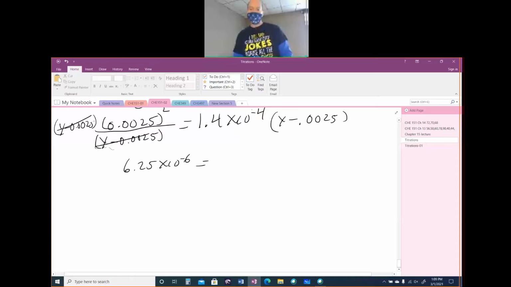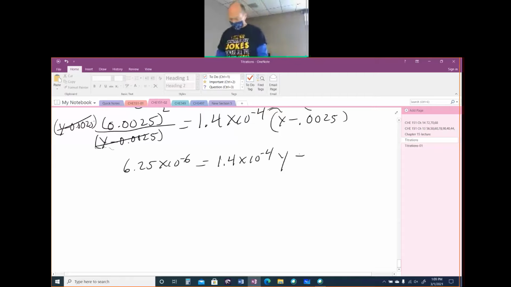And then we distribute our 1.4 times 10 to the minus 4. So that is 1.4 times 10 to the minus 4 y minus 1.4 times 10 to the minus 4 times 0.0025, which is 3.5 times 10 to the minus 7.